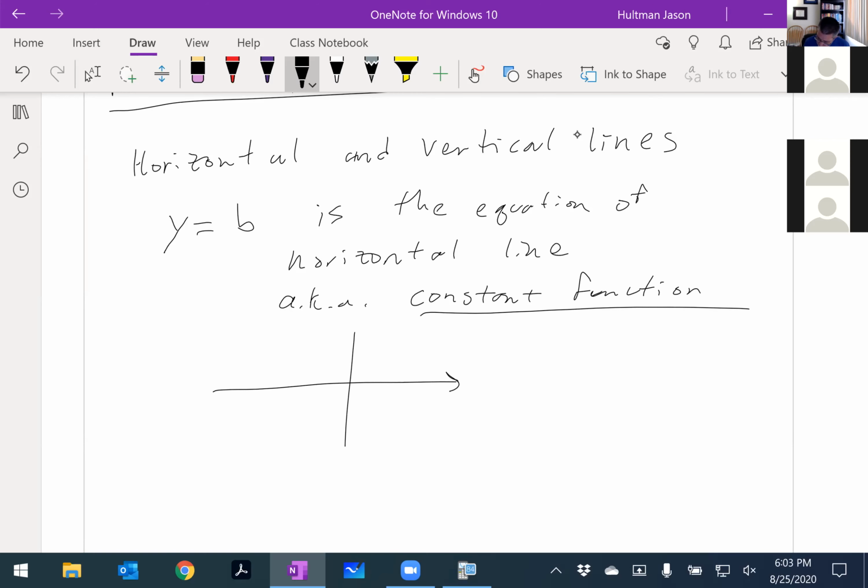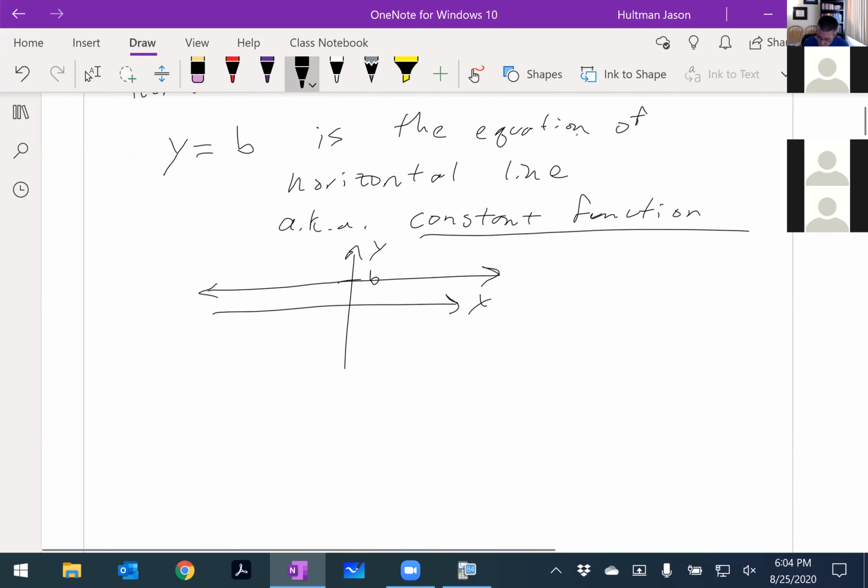Well, if we have a graph, x and y, and we're up here at b, it's the line that goes through b, like that. So y equals 2 is a horizontal line that goes through 2. y equals negative 2 is a horizontal line that goes through negative 2.